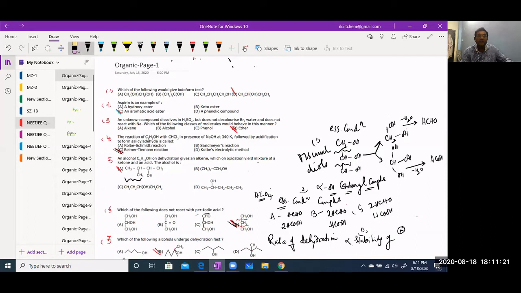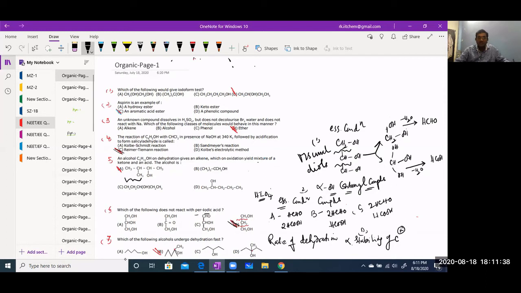Now, whenever we are seeing the stability of carbocation, let's verify. This is having only plus I effect, because with a lengthy chain, a stronger plus I effect is there. That's 1, 2, 3, 4, 5 carbons.